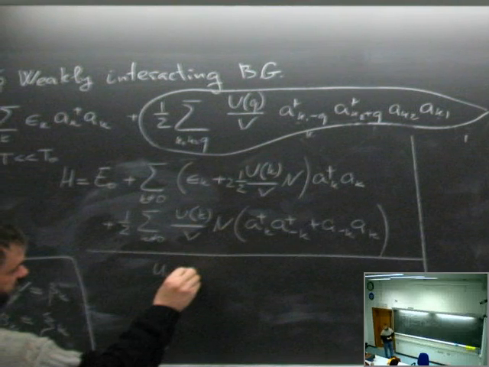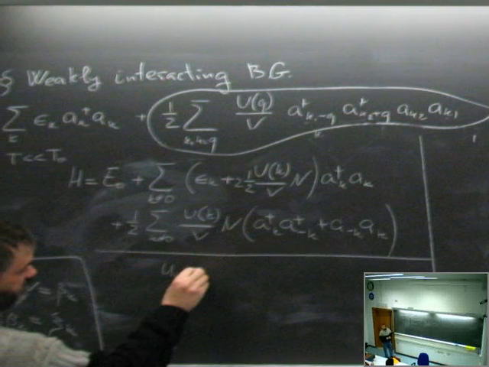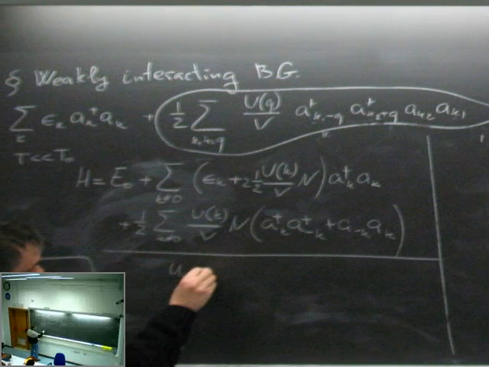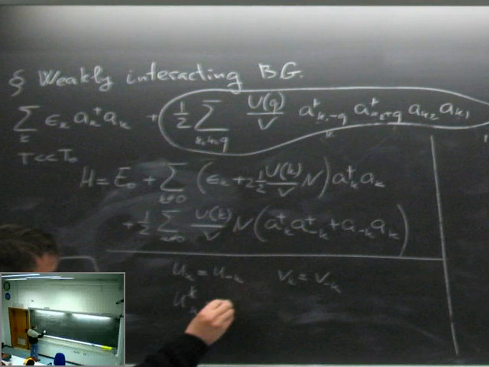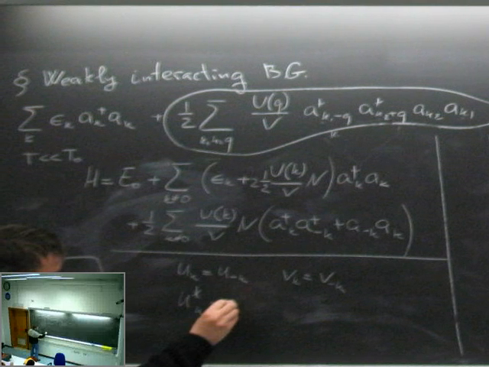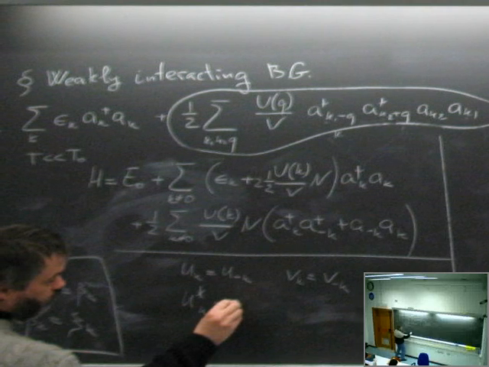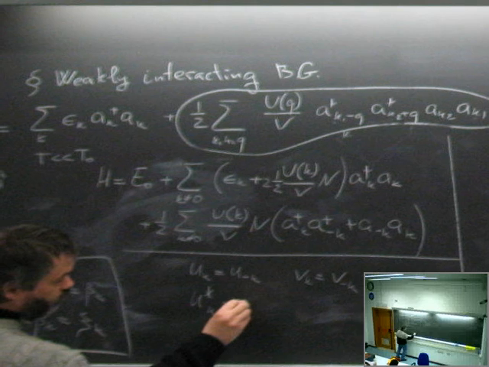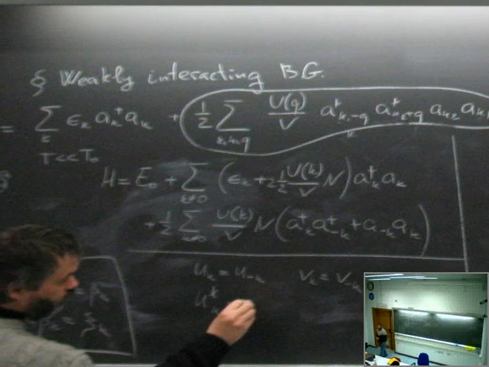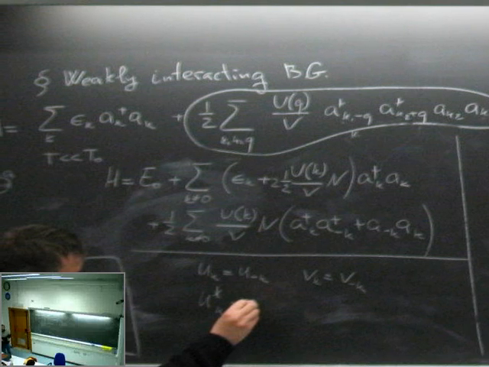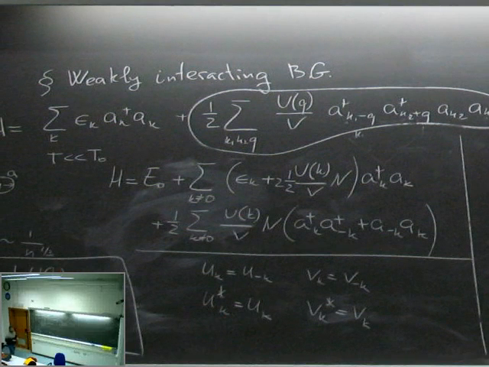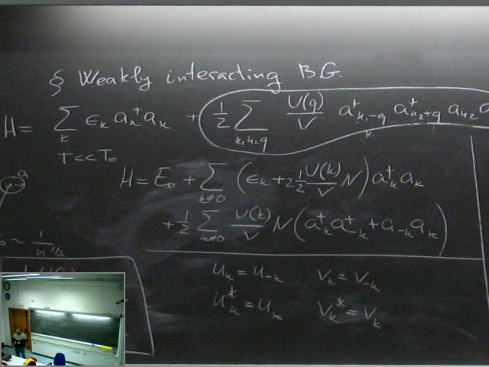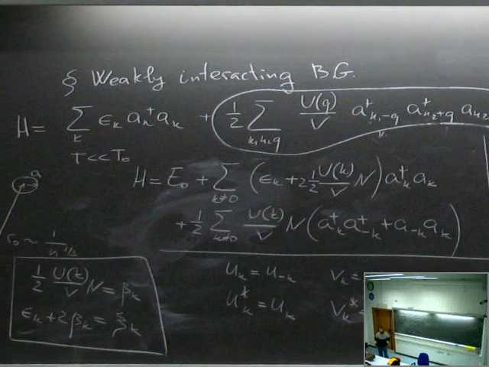And moreover, I assume that these functions are real, namely U_k complex conjugated is equal to U_k, and the same is for V: V_k complex conjugated is equal to V_k. This is my assumption.